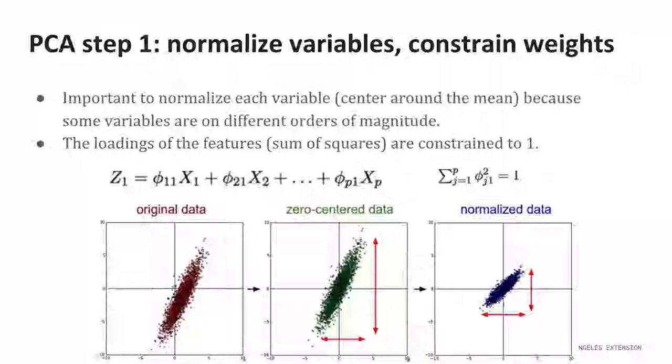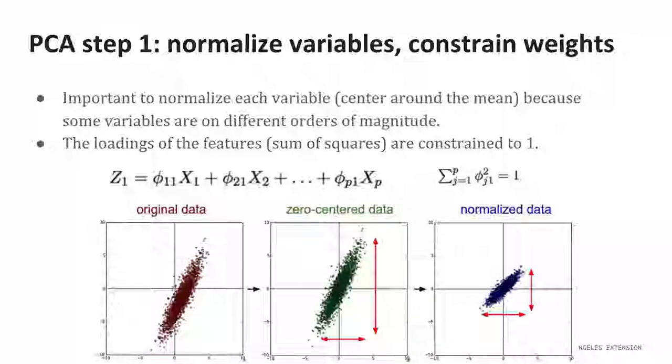By centering and normalizing the data, we make those two metrics comparable, even though originally they were on different orders of magnitude, right? One in the tens of thousands and one as a percentage. So we will center the data and then normalize the data, and that generally means we'll set the standard deviation to 1 or some other value, so that the data is comparable between variables.